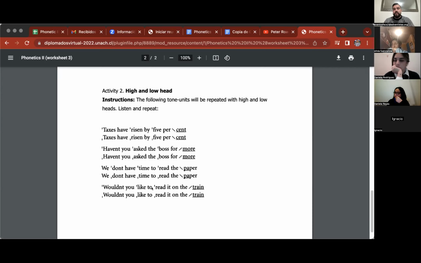Remember that with intonation, everything that you learn is going to be based on how much you practice. So you can listen and then repeat again and again, and you can record yourself as well to identify the differences in the different audios that you record and how the speech comes out from your mouth.